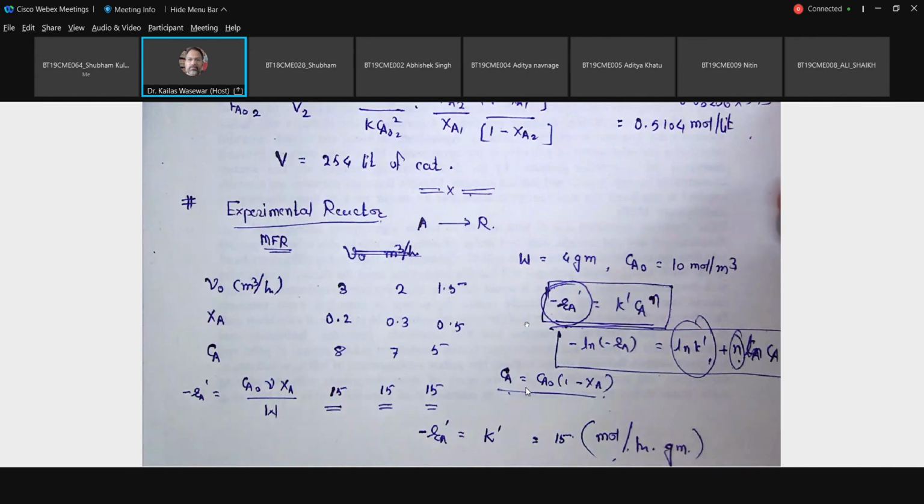So this is all examples. I think these are almost based on your CRE1. The only difference is here we are calculating the weight of the catalyst instead of the volume of the reactor. So in the next lecture we'll go for a few more examples which are related to whether intraparticle diffusion is there or not.